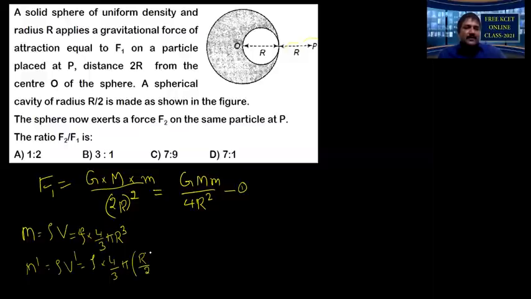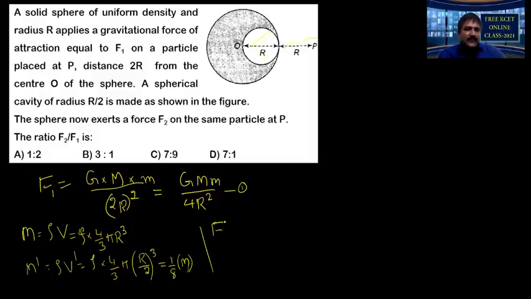The radius of the cavity is r by 2, cubed. So 1 by 2 cube becomes 1 by 8. The rest of the things are the same as m, so you can write it is m by 8. That is the mass of the portion in this cavity. Now the force exerted by that portion of the mass, if it is present before removing, let me call it f dash.